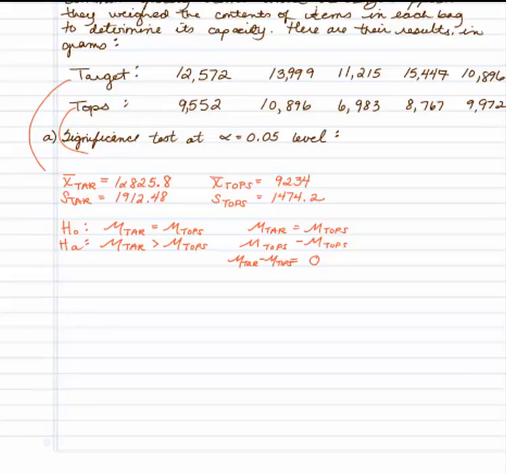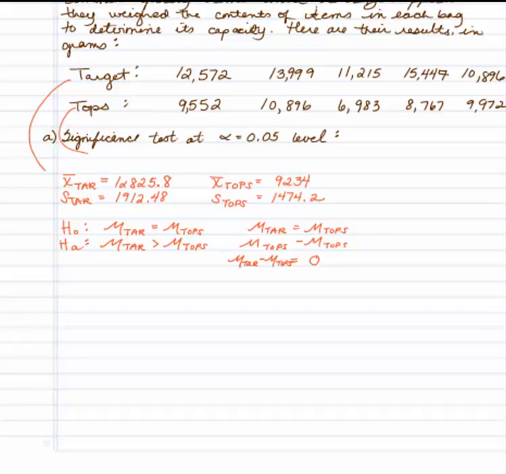And it might even be in your calculator like this. If you were to try to do, this is going to be a t-test, a 2-sample t-test. It might have something like this, where the mean of Target minus the mean of Tops is equal to 0. And you're trying to say, okay, Target take away Tops. If they equal 0, then they're pretty much equal to each other.